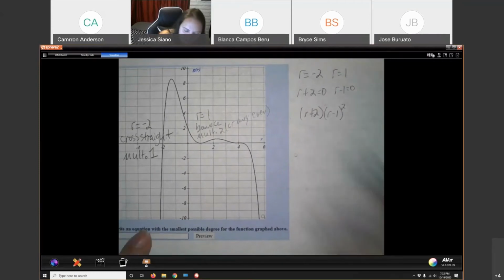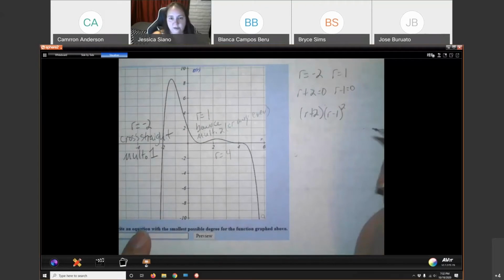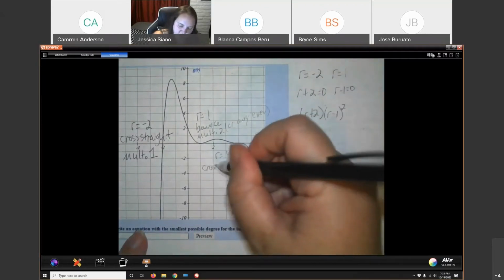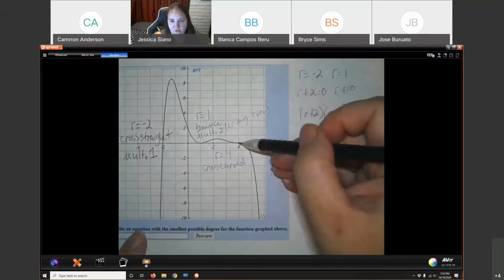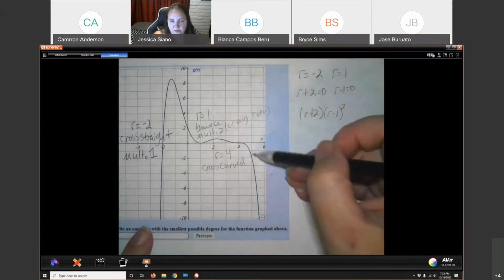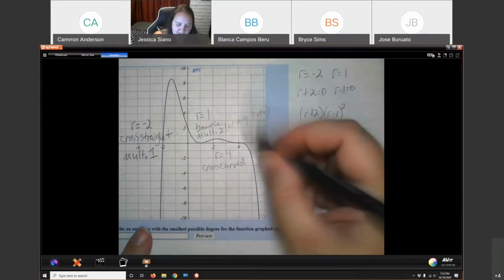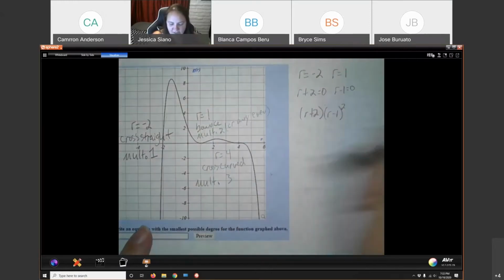All right, one more. I have a 0 at r equals 4. Now this we say cross curved. This is crossing curved because it doesn't go straight through, it curves through. And when you cross curved, that means that you have multiplicity of 3. And we say 3 because we want the smallest possible.